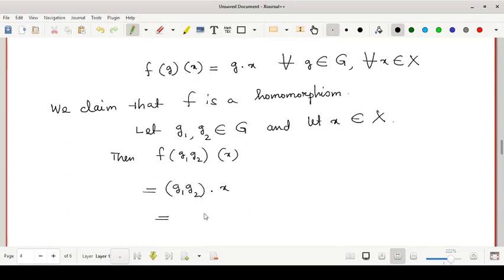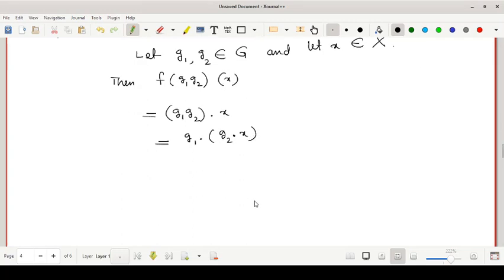By the definition of group action, this is g1 acting on g2 acting on x. g1 acting on g2 dot x means F of g1 of g2 dot x. Right? g2 dot x is your x.